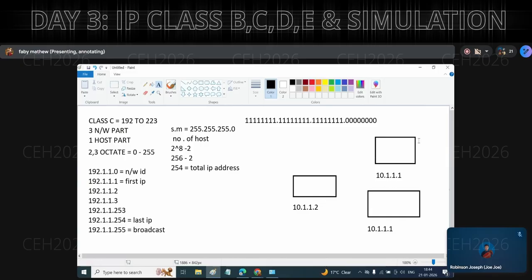If this machine is already running with this IP address and someone mistakenly configured the same IP address, what we have to do is change the IP address of the first machine. So automatically both machines come to the network.